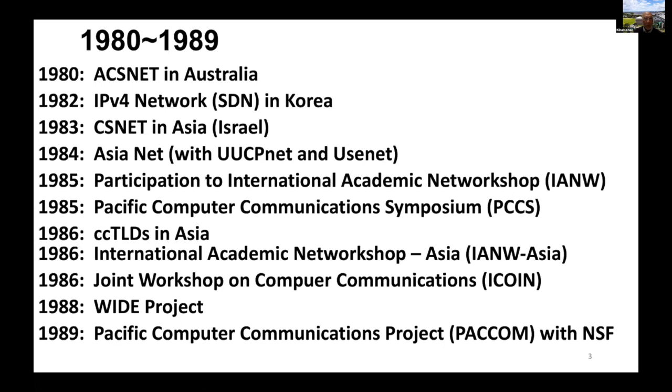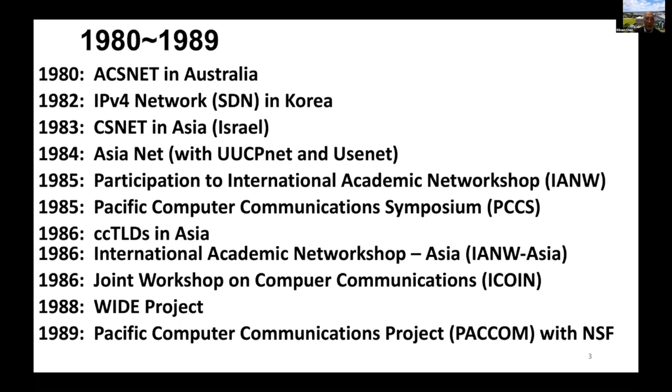Then in 1985, we started participating in the International Academic Networking Workshop, chaired annually by Peter Kirstein and Larry Landweber. It really helped to develop the human network, not just with the USA but also with Europe, because most of those workshops were held in Europe.